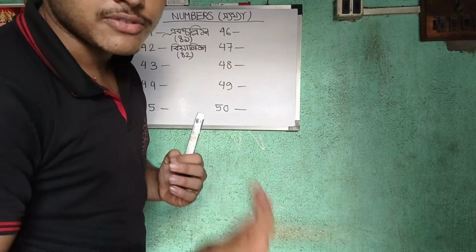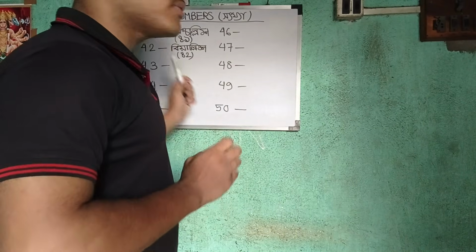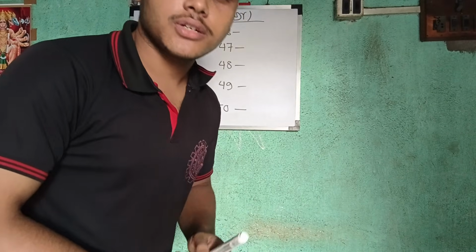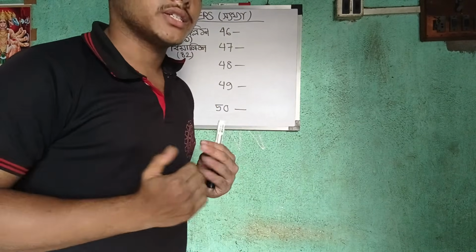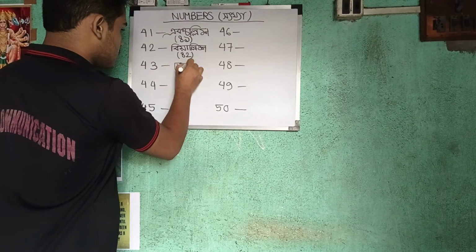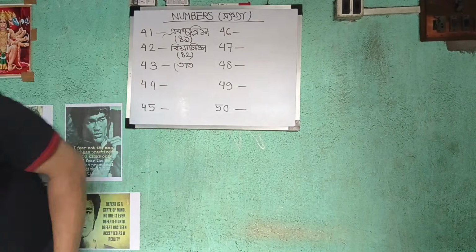After biyallish means 42, we have 43. 43 means tetalish.